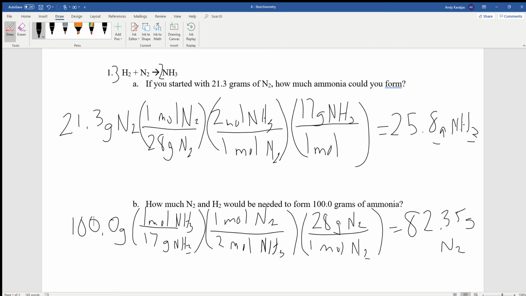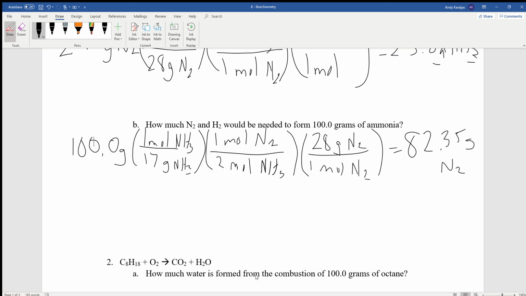How much hydrogen do we need? Well, the safe bet is that we need 100 minus 82.35 grams, or 17.65 grams. But let's check that. Let's go step by step through the process. 100 grams of ammonia. Again, we'll convert that to moles.